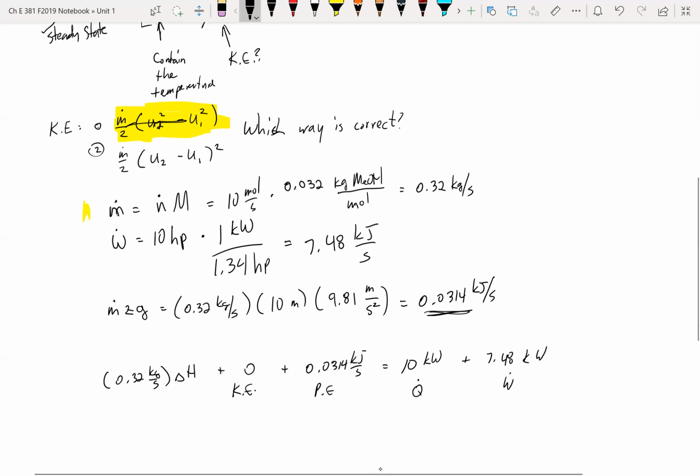So there's obviously something else going on if the pump is generating that much power. Just from the point of view of I want to know what the temperature change is, I look at all the different terms that were given to me in the energy balance. This one is really small compared to these two. We're talking a couple orders of magnitude less. So neglecting this is going to be less than a 1% error.